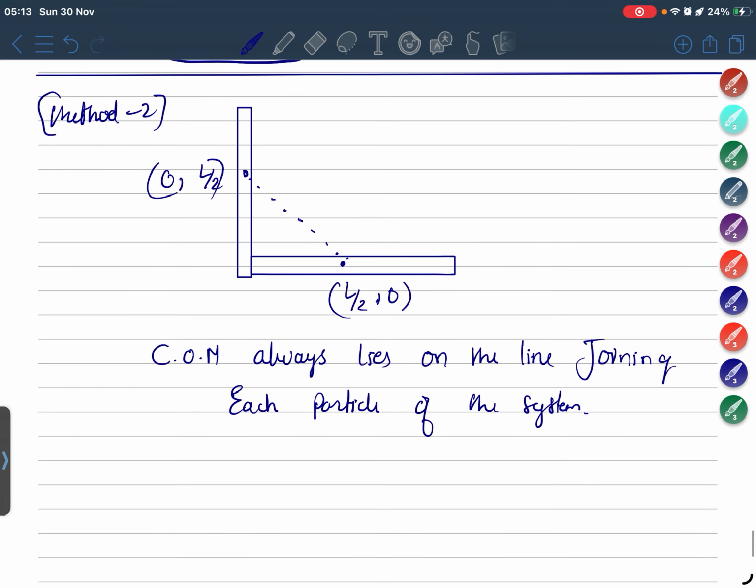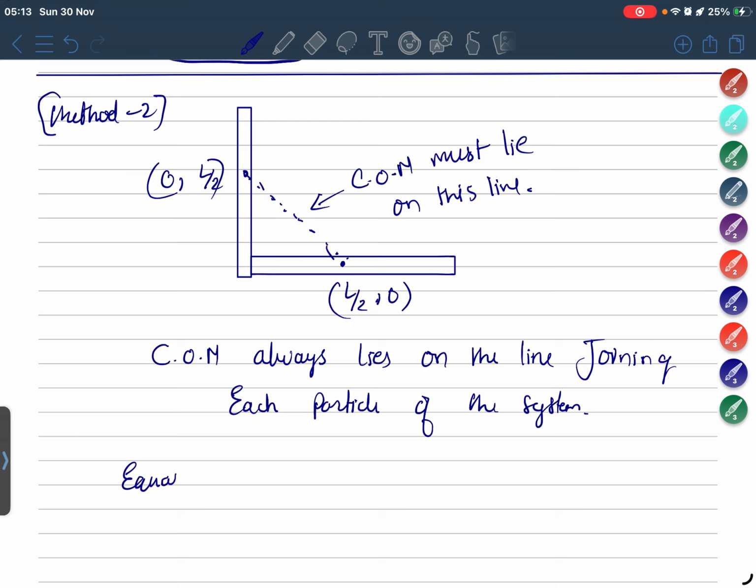So I know the center of mass must lie on this line. Now I just have to find the equation of the line.